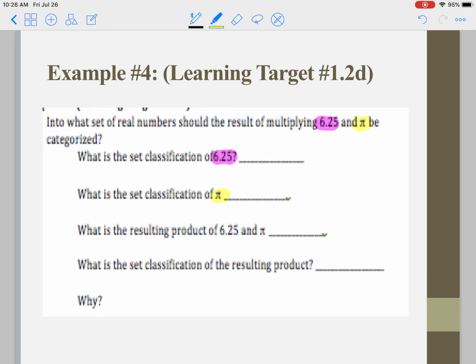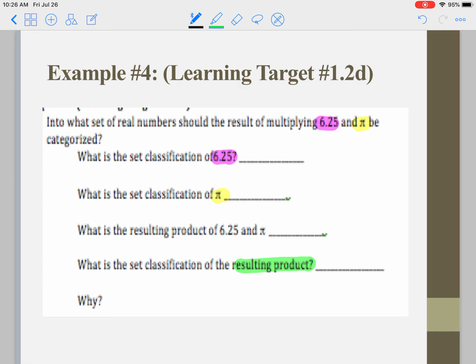And then we're also going to have a resulting product. Remember, product implies multiplication. To work through this example, we have to classify each of the individual parts into set classifications. The set classifications of real numbers are natural numbers, whole numbers, integers, rational, and irrational numbers.